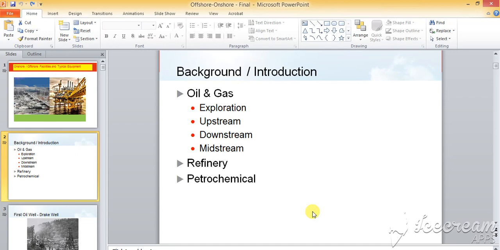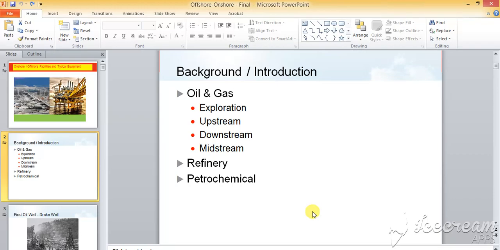Then the tip pressure is calculated, whether we are having the pressure over there or not. Most of this kind of work is done by Schlumberger, ENI, Weatherford. These are the exploration companies.